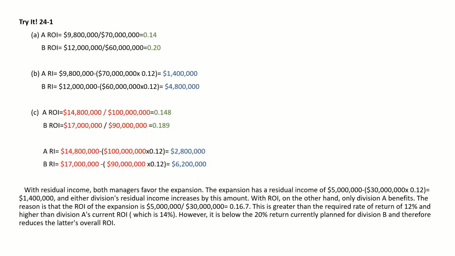With the new residual income, both managers support expansion. Because the expansion has a residual income of $5 million minus $30 million times 0.12 equals $1,400,000, and either division's residual income increases by this amount.